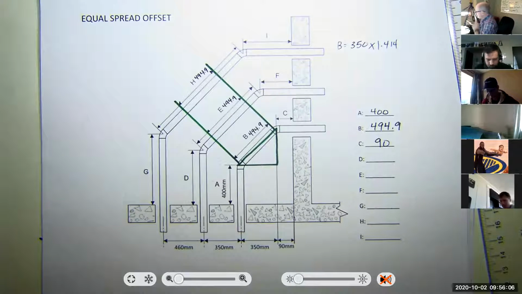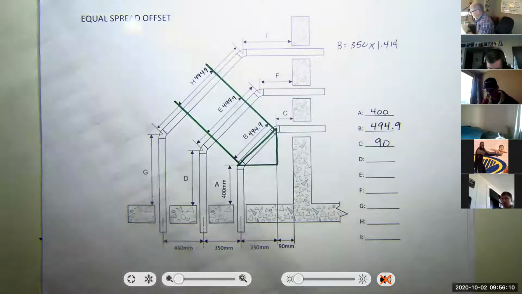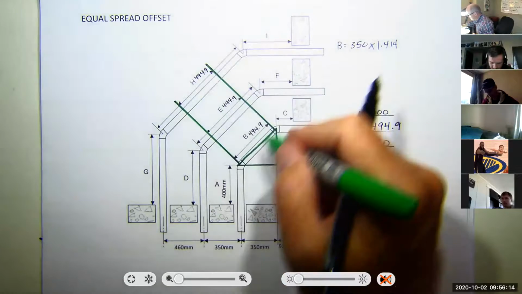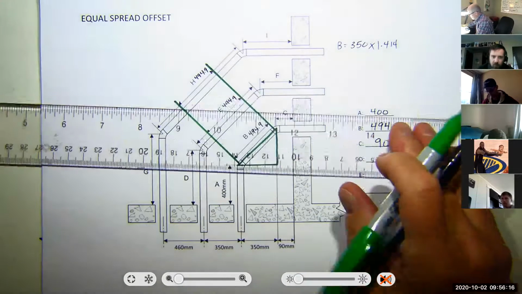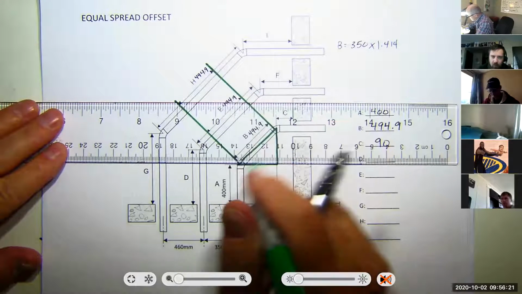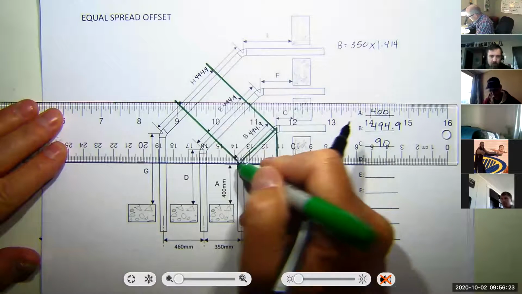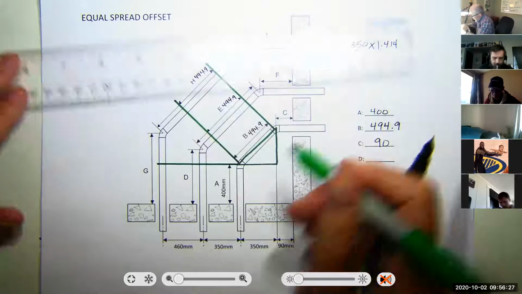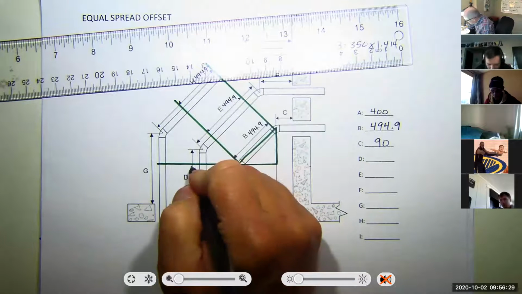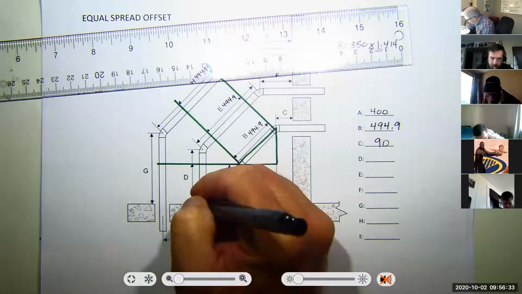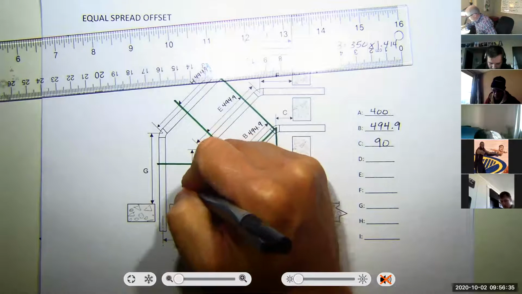Now, my next step is I want to extend some of the measurements that I know. So let me just draw a straight line for A, and then I'll extend this. So I know that from here to the bottom here, this is 400.